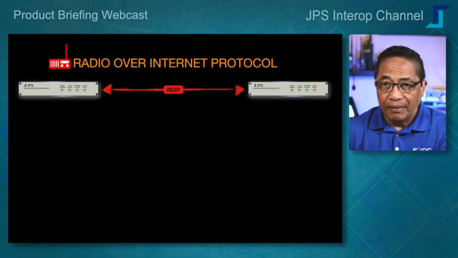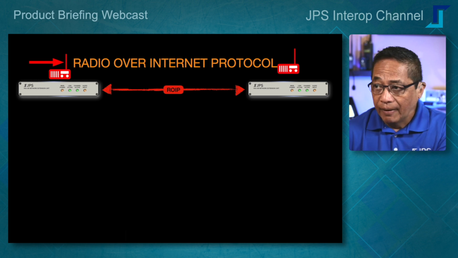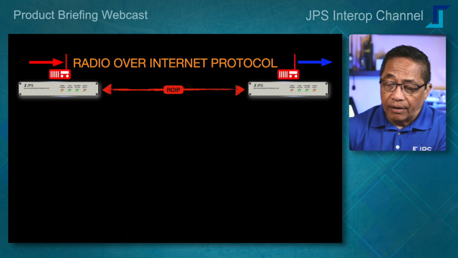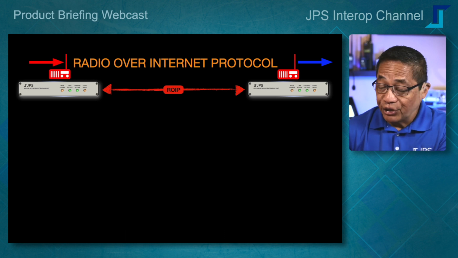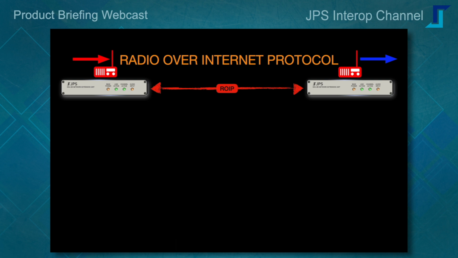Carol, before we start talking about wide area distributed communications, I want to start off talking about JPS RoIP. As you can see in our little diagram here, I've got a couple of third generation NXU-2B RoIP radio gateways.